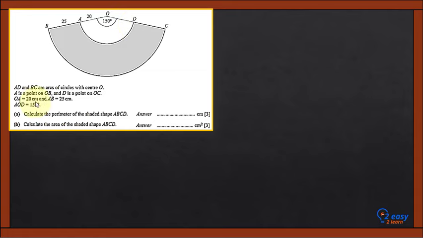So OA is 20 centimeter and OB is 25 centimeter. Angle AOD is 150 degrees. Calculate the perimeter of the shaded shape ABCD. This is ABCD, the shaded portion, the gray portion.